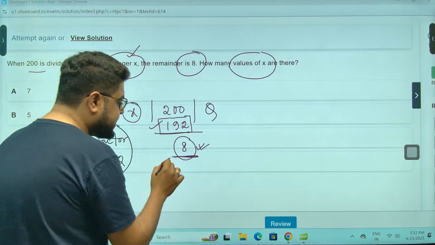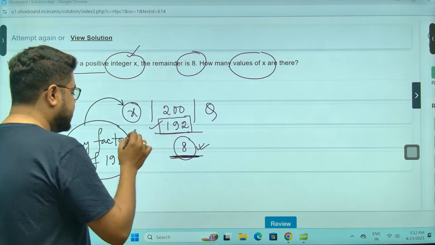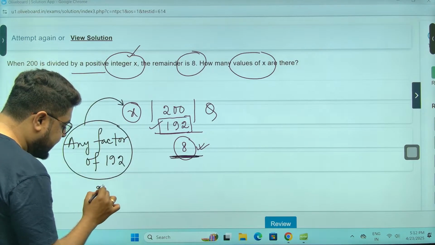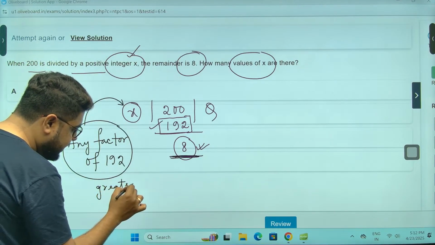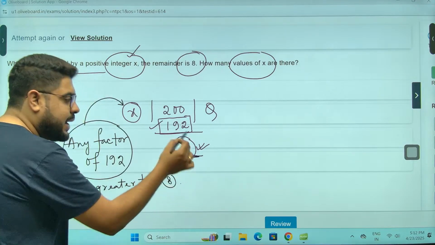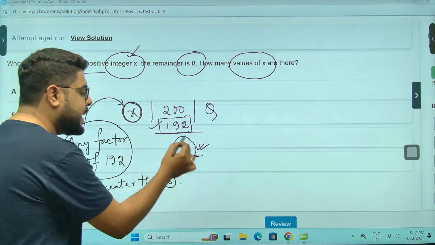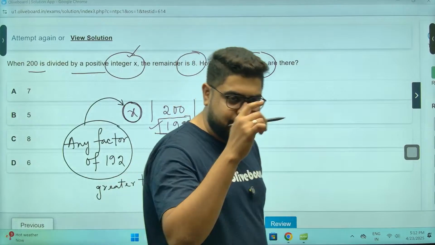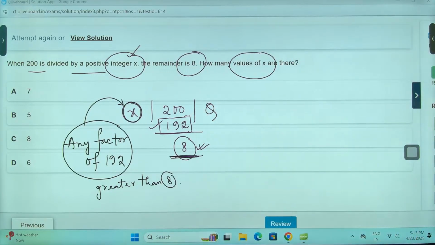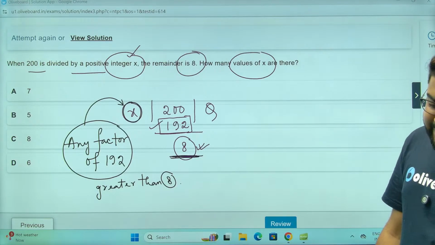Whatever happens, any factor of 192 has to be greater than 8, because the divisor always has to be greater than the remainder. Otherwise the remainder cannot be 8 in that case.